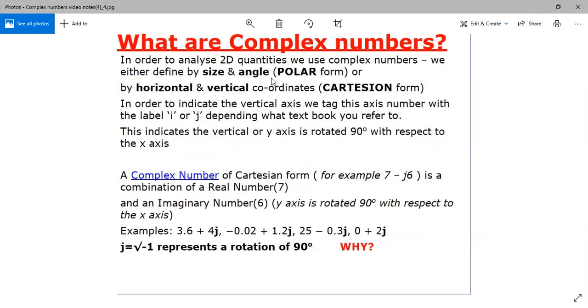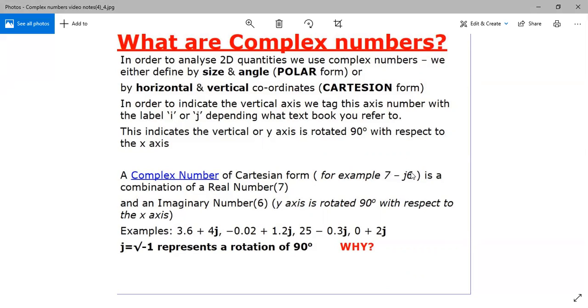We can have complex numbers in both Cartesian form, x and y coordinate pairs, or we can describe them in size and angle, which is polar form. As we said earlier, there's an example here, 7 minus 6j. The 7 is the horizontal dimension. The 6 is the vertical dimension.